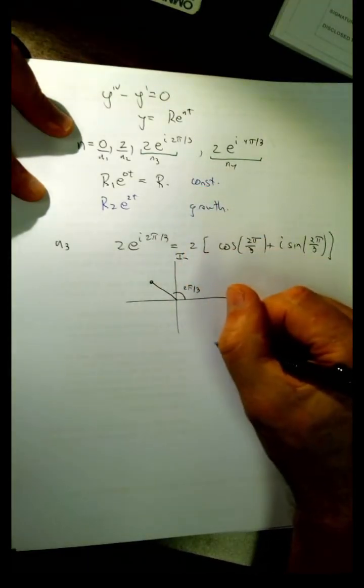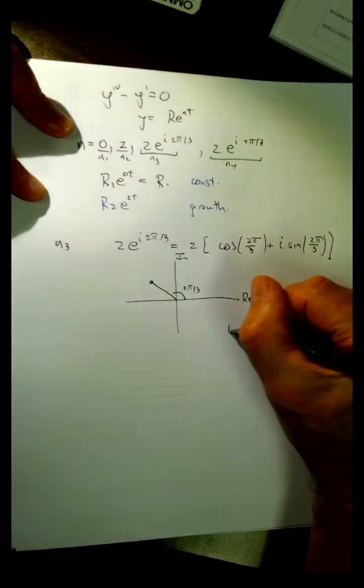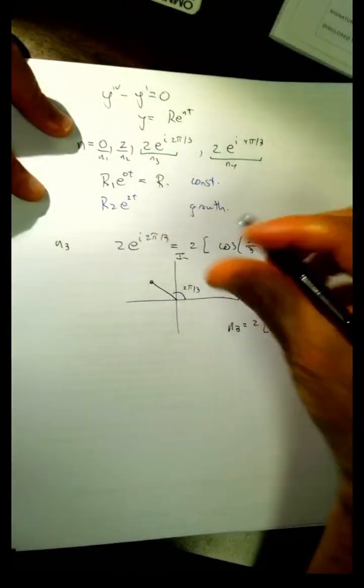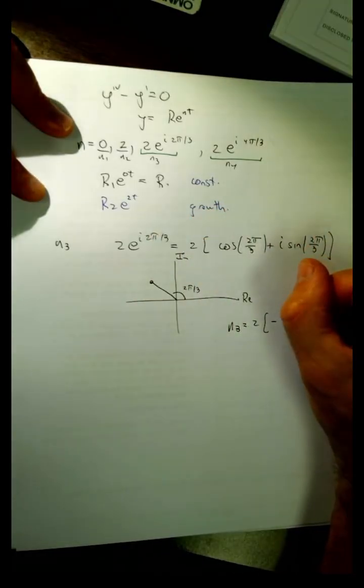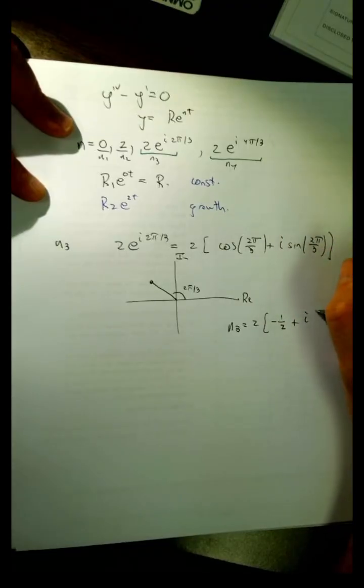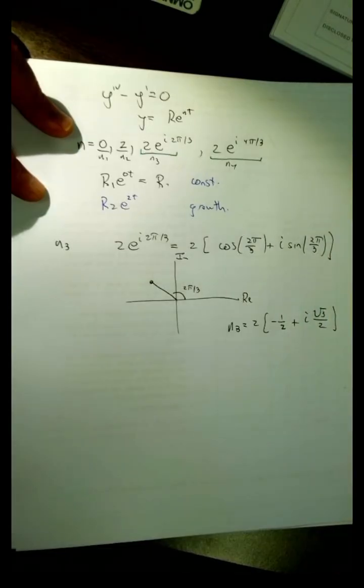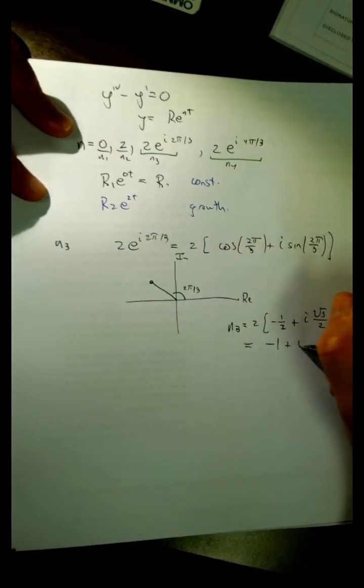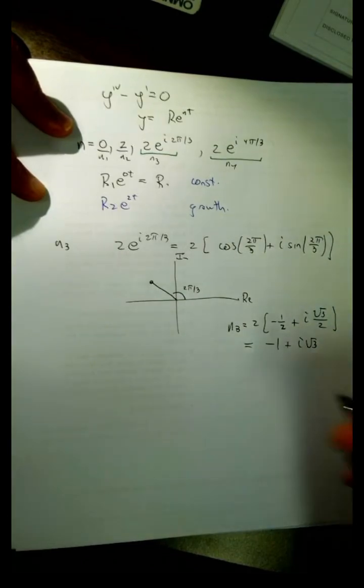So this is my N3. It's going to be 2 times cosine of 2 pi over 3, which is minus 1/2, and then sine of 2 pi over 3 is going to be positive square root of 3 over 2. So this becomes minus 1 plus I square root of 3.